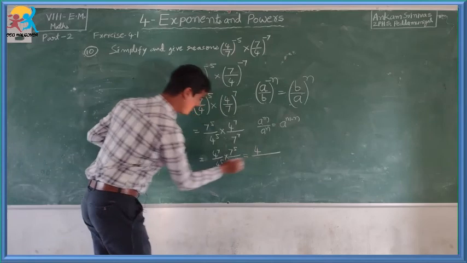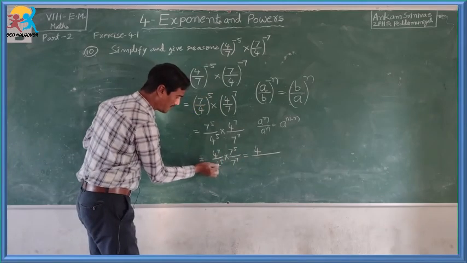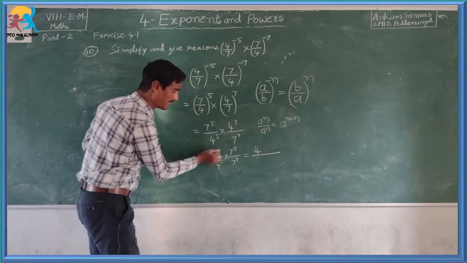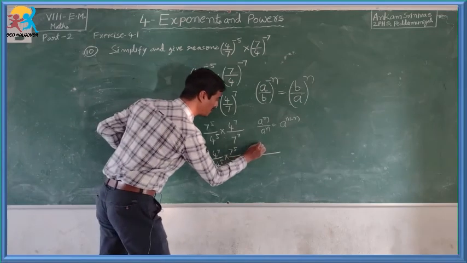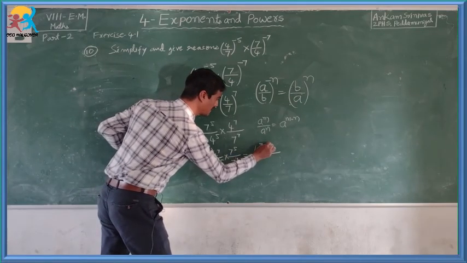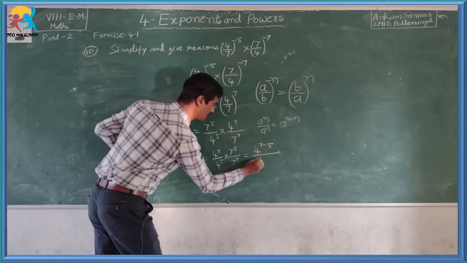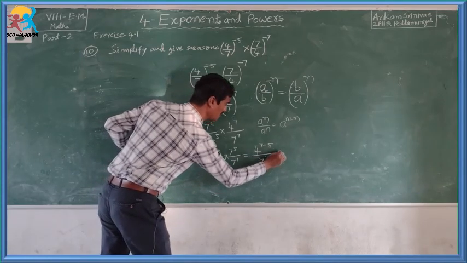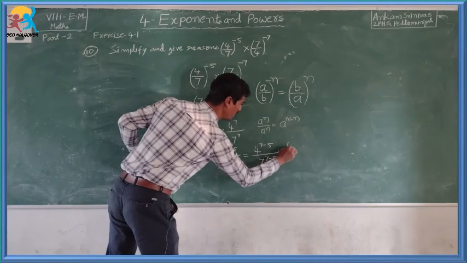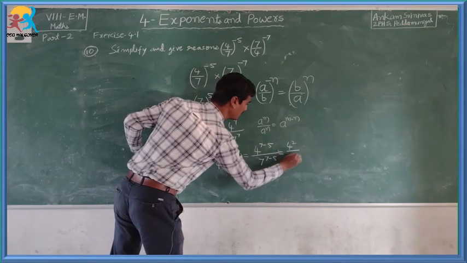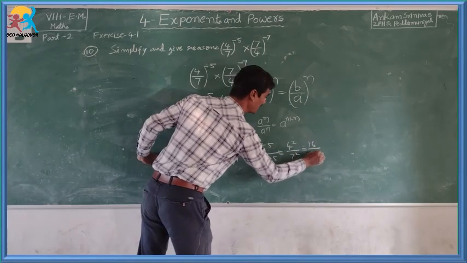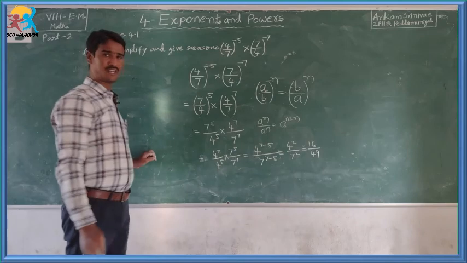When two powers are divided with the same bases, exponents should be subtracted. 4 power 7 minus 5, and here 7 power 5 minus 7. So we will get 4 square by 7 square. 4 square equals 16. 7 square equals 7 sevens are 49.